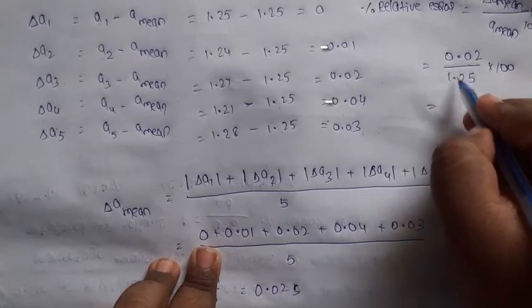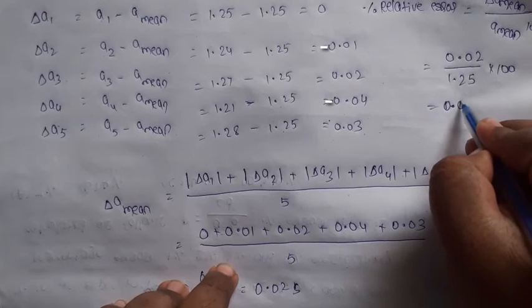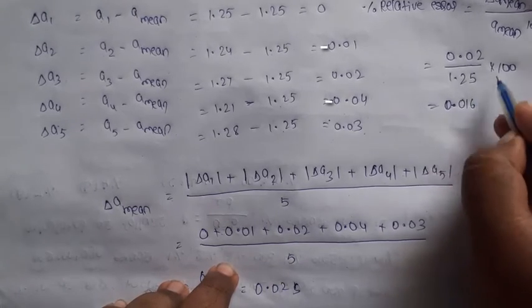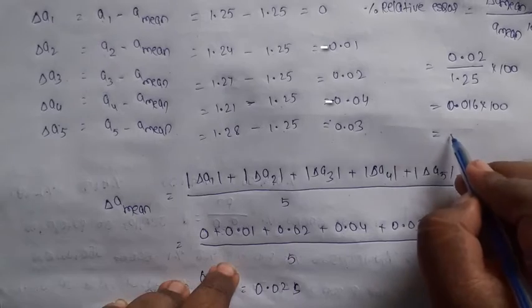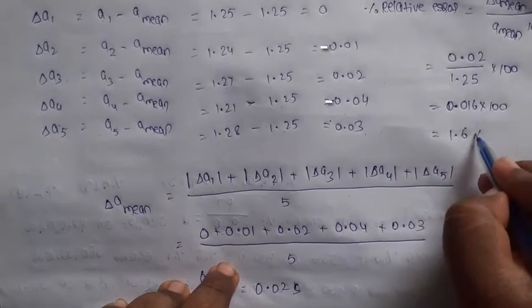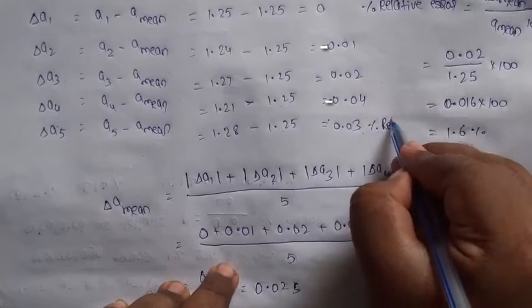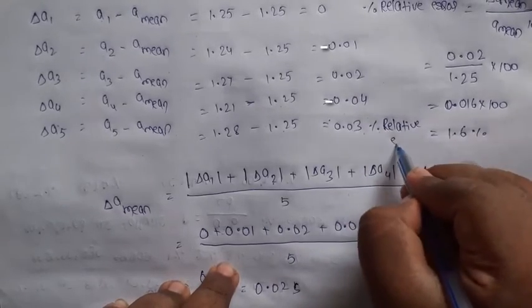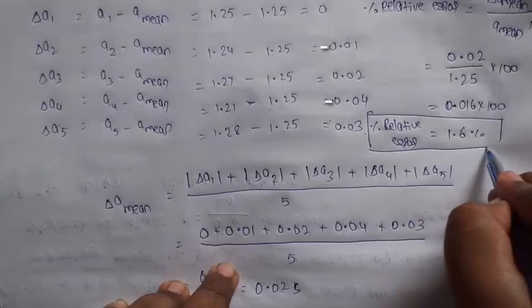This value is 0.016 into 100, so its value is 1.6%. So the relative error is 1.6%.